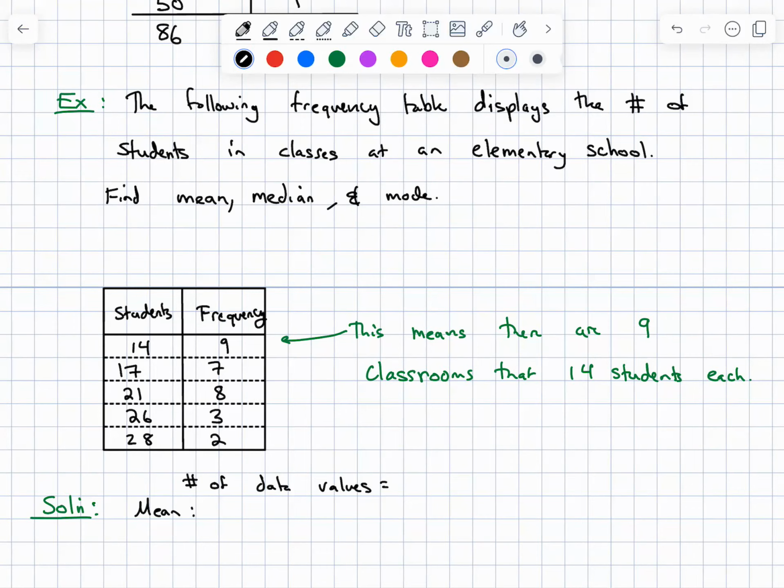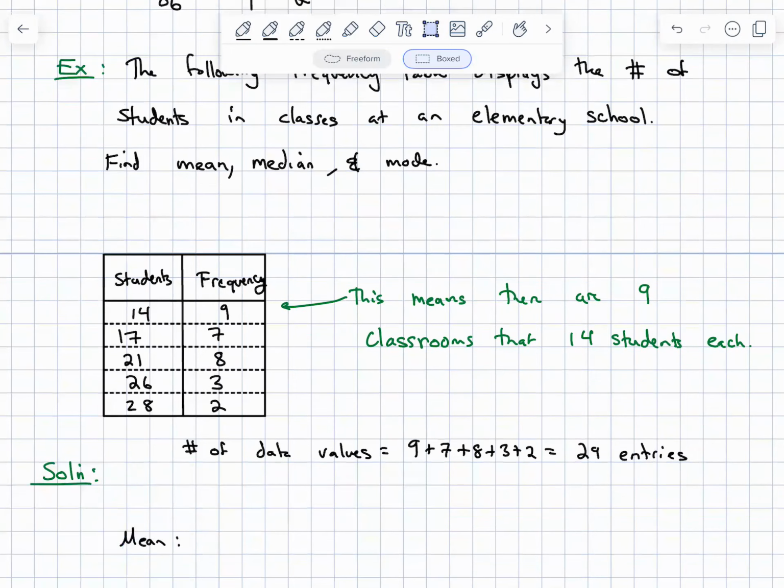So the total number of data values is 9 plus 7 plus 8 plus 3 plus 2, which is 29 data values. If you were to list them all out and count them, you would have 29, because there's 9 14s, 7 17s, 8 21s, 3 26s, and 2 28s. So for the mean, you could go through. It's not wrong.